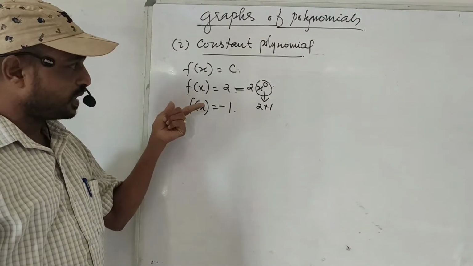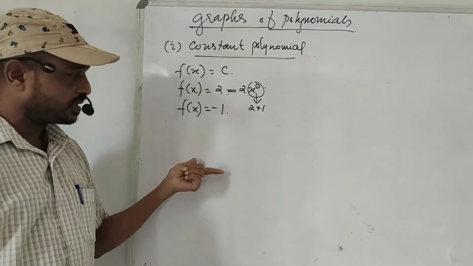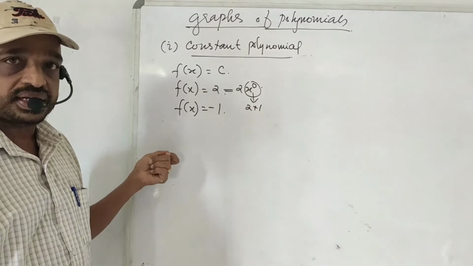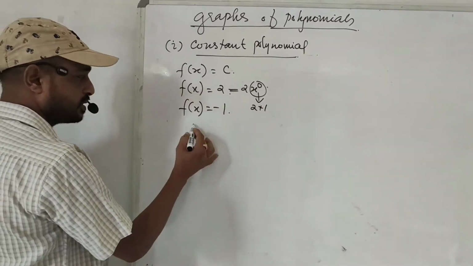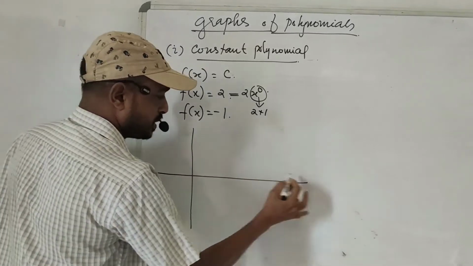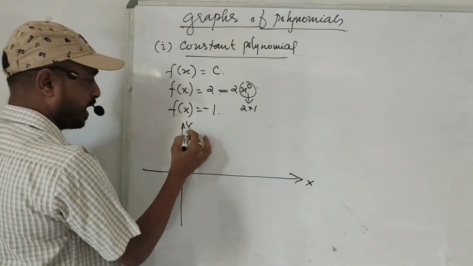Now how do you draw the graph of a constant polynomial? The graph of a constant polynomial is a straight line parallel to the x-axis. These are the x and y axes.